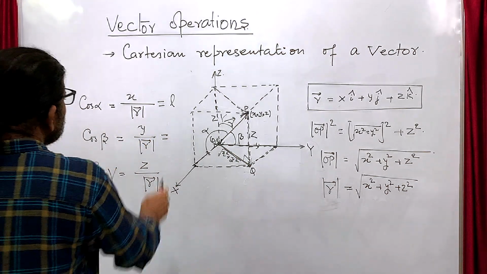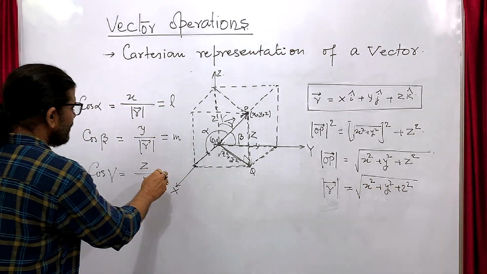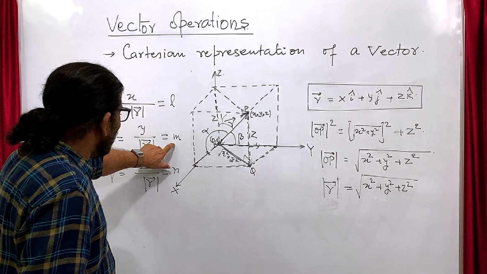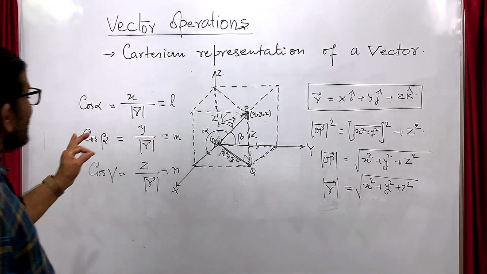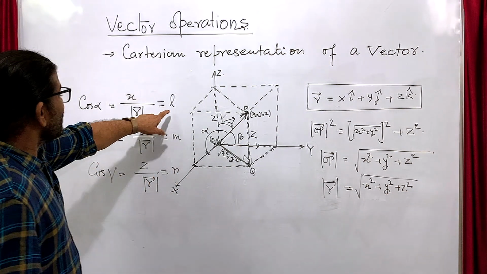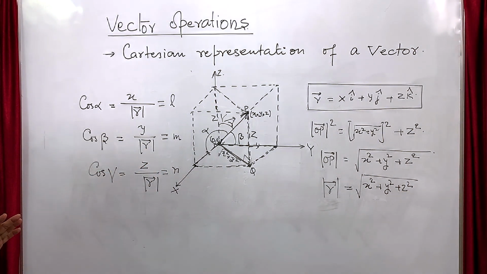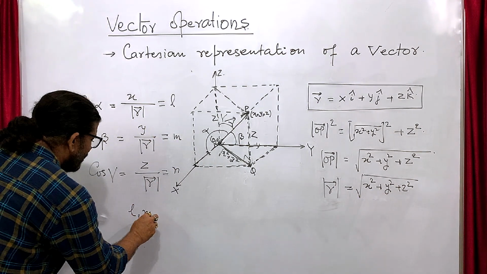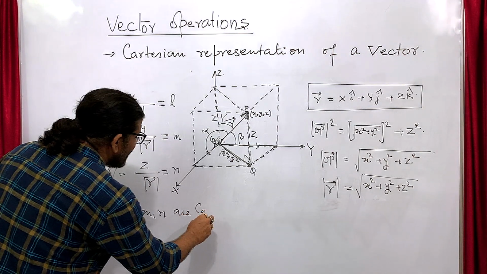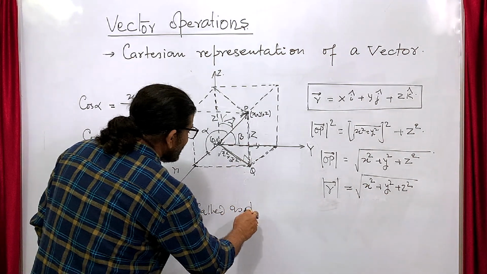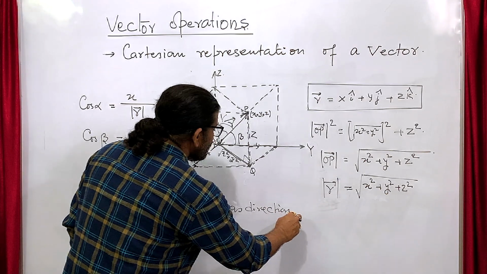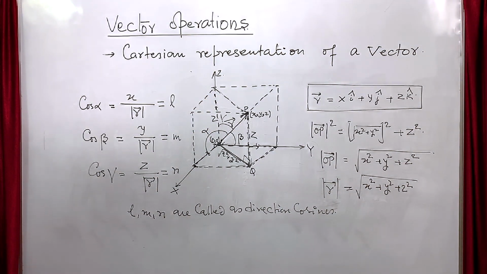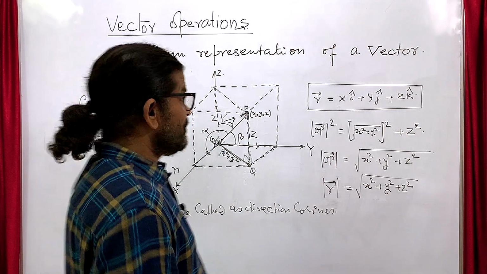So l, m, n are known as the direction cosines, called the direction cosines of vector OP with respect to the x, y, z axes respectively.